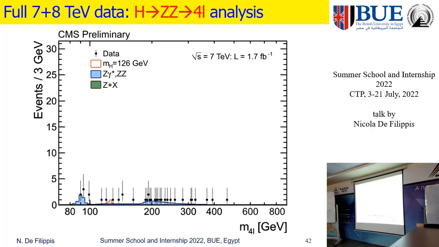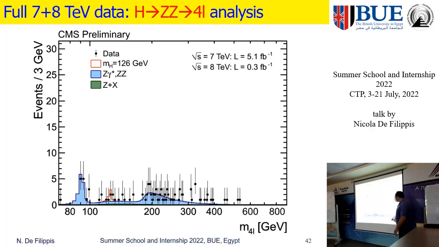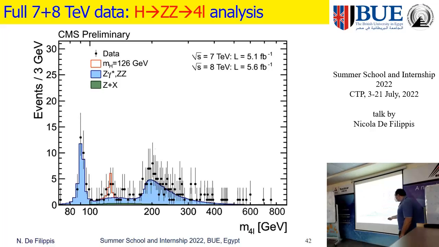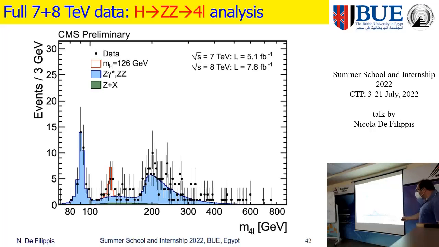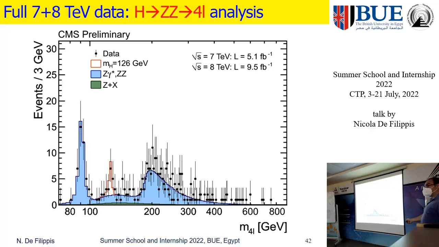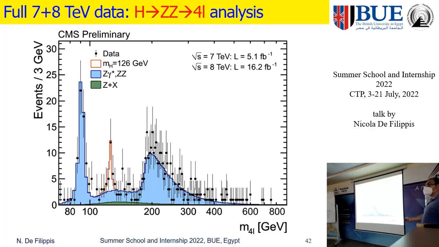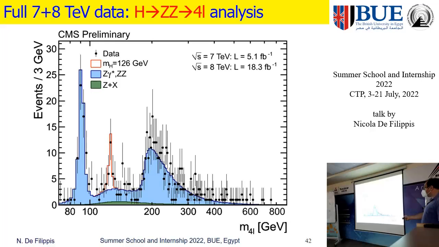And this is somehow the evolution of the four-charged-lepton spectrum once more and more data were accumulated. As you can see, events started to accumulate in this region, where the background was not enough to explain this excess. While in all the other parts, the background in blue was quite matching what you have seen in data.